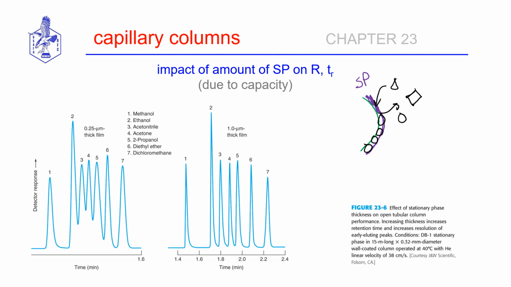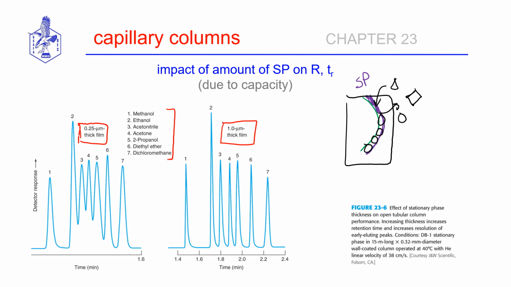If we don't have enough parking spaces, that is enough stationary phase material, we run the risk of not getting a clean separation. So what you're looking at with real data and real chromatograms, to the left, we have a separation of a sample containing those components completed on a 0.25 micron thick stationary phase capillary column versus that of a 1 micron thick capillary column.